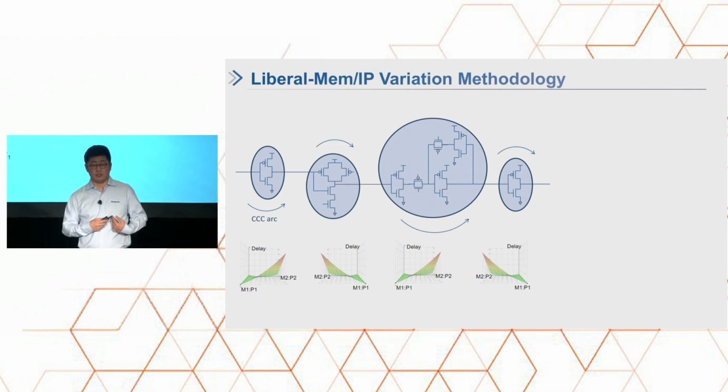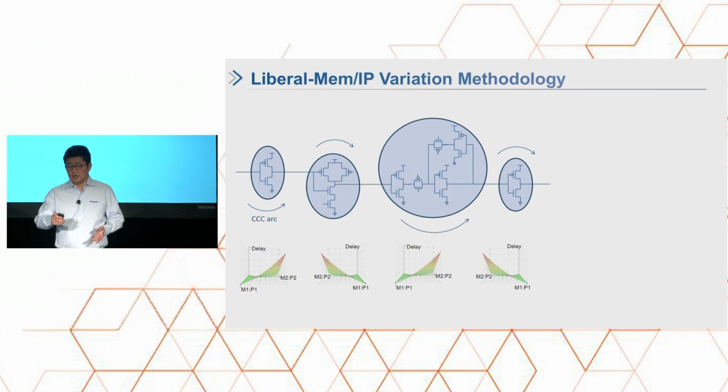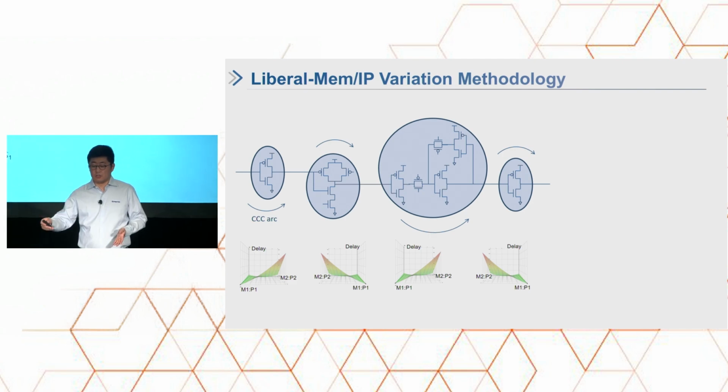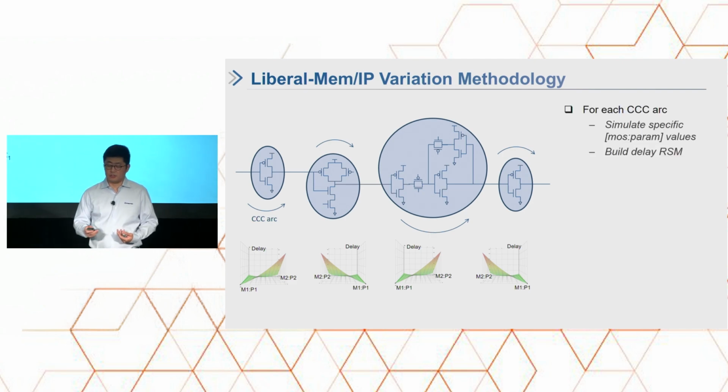So we will build a 10 variable function for that to capture the delay change with the random parameters in the circuit. And this way we build these models for all the stages, all the channel connected regions.